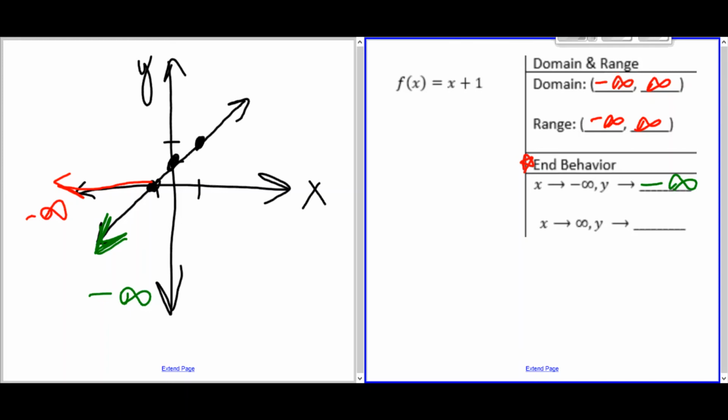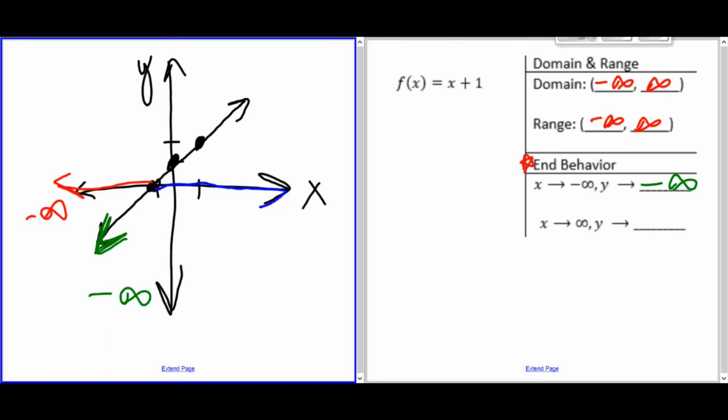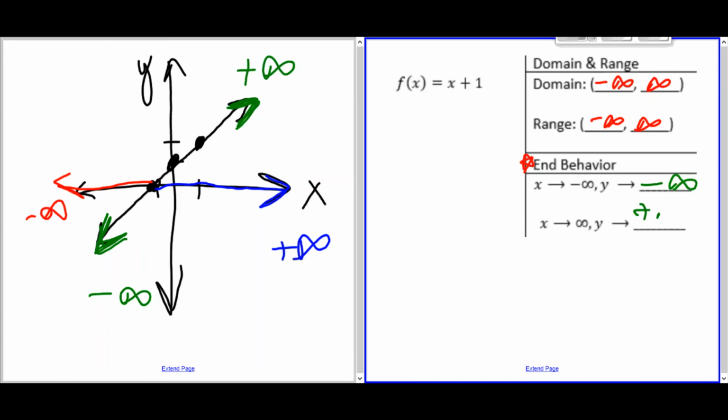And then as x approaches positive infinity, if I go to the right along my x, what's happening to my right arrow? Here's my right arrow. My right arrow is facing up. So this would be positive infinity. So as x approaches positive infinity, y also approaches positive infinity. So pause the video if you need to finish this one up.